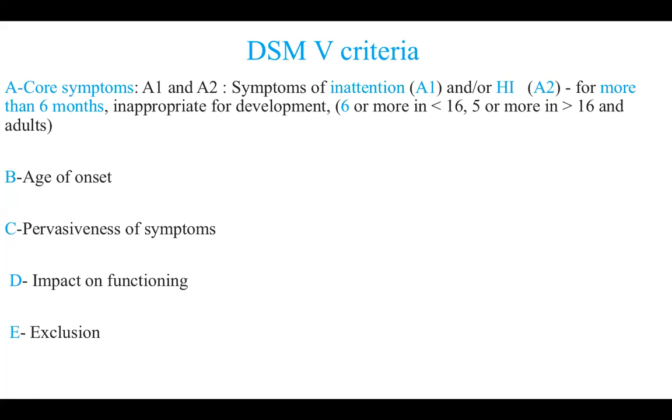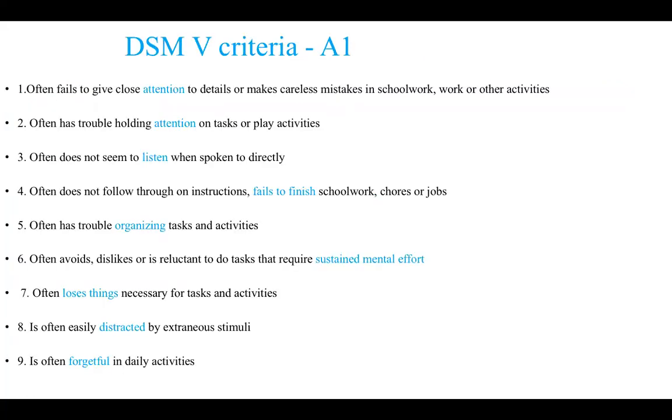Or is it hampering his or her personal potential to be something in life? Is that ADHD coming in the way? If the impact is moderate to severe, only then I would say one needs to treat it. And of course, E is by exclusion, taking out the ADHD mimics, which we discussed previously.